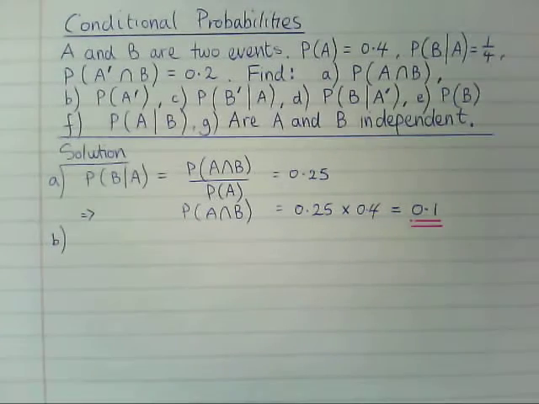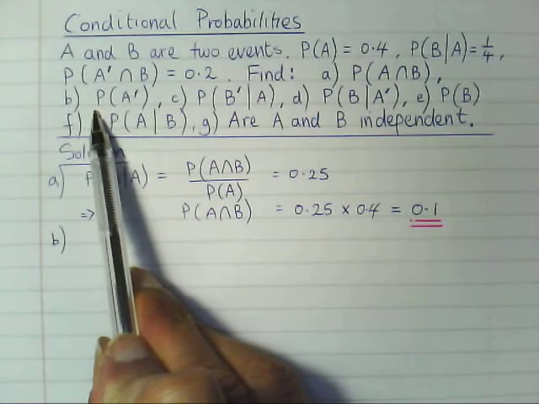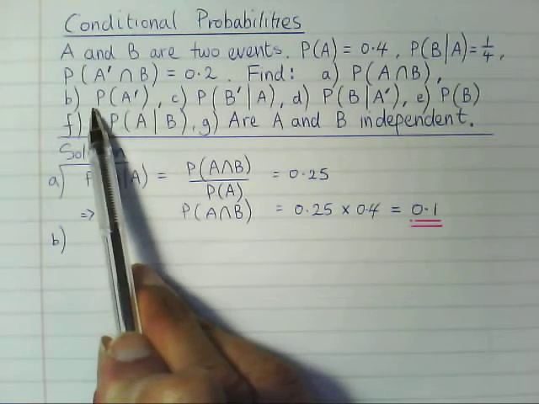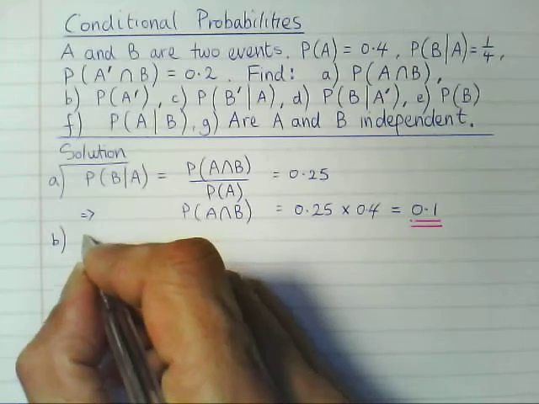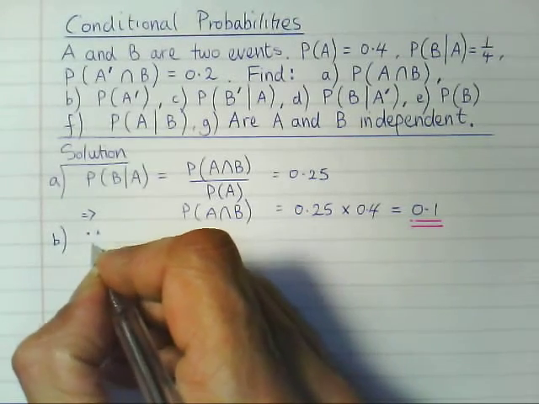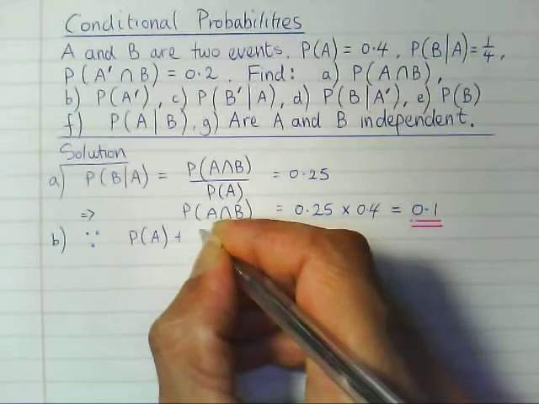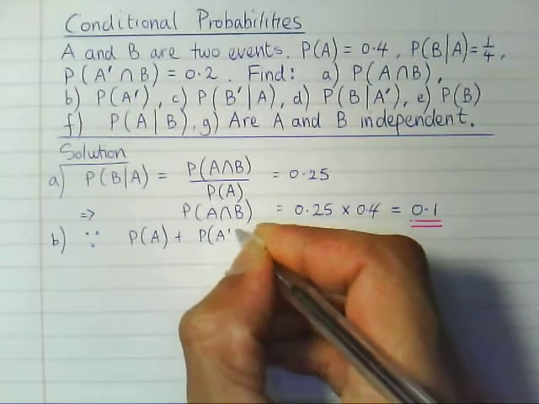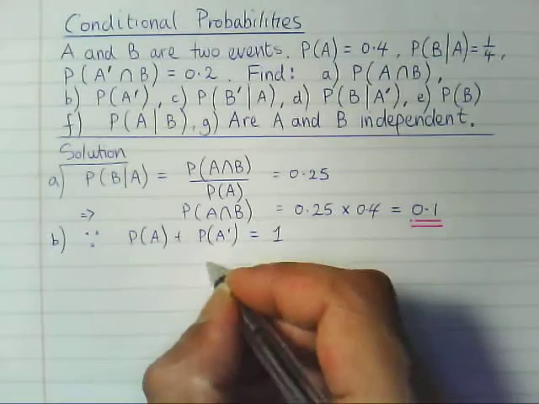Now for part B, we are asked to find the probability of complement A, or the probability of A not occurring. Well, in general, the probability of A occurring plus the probability of A not occurring must equal 1.